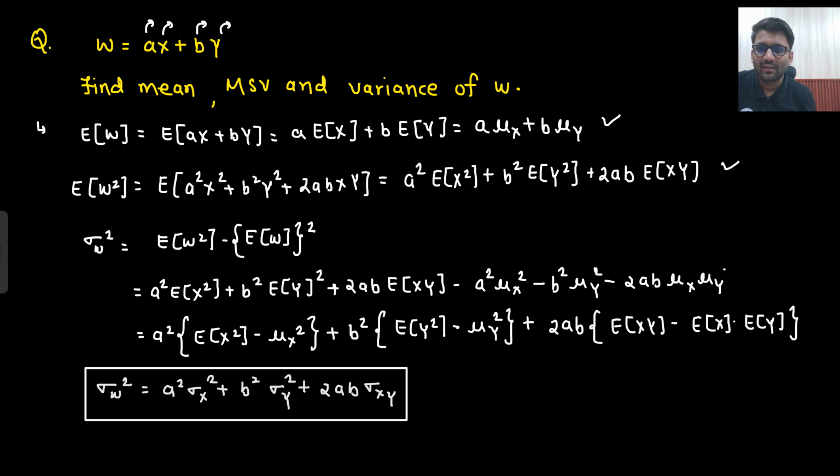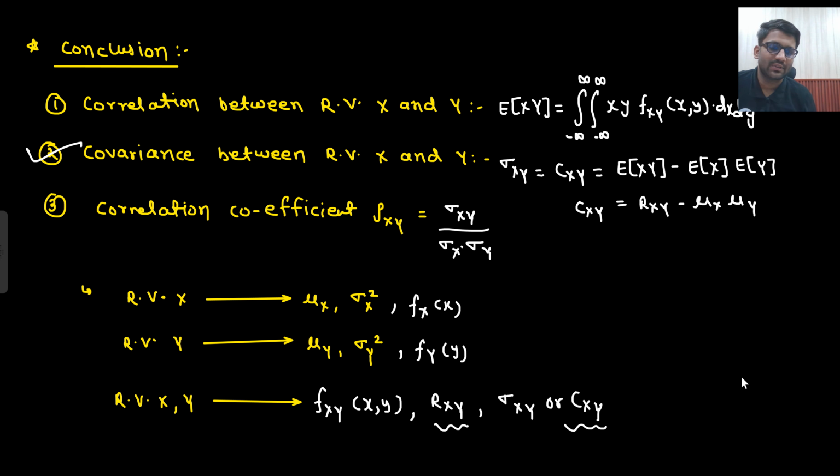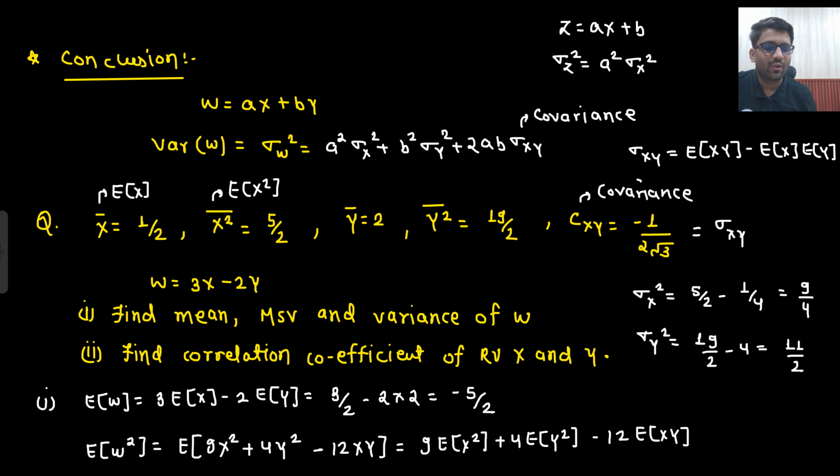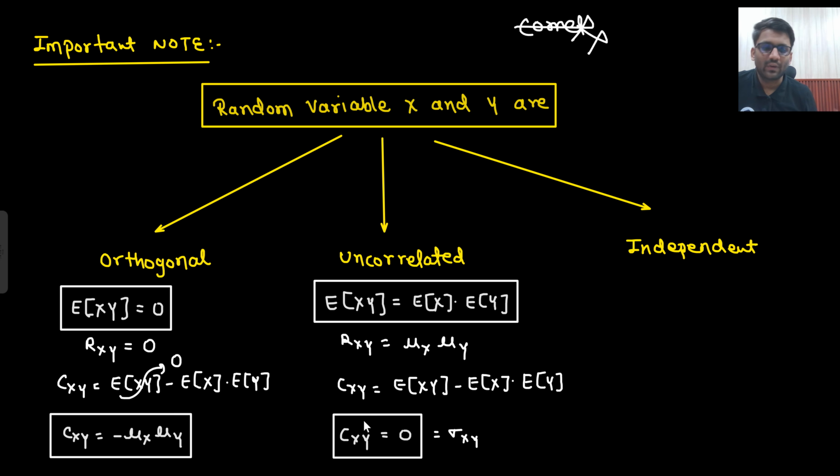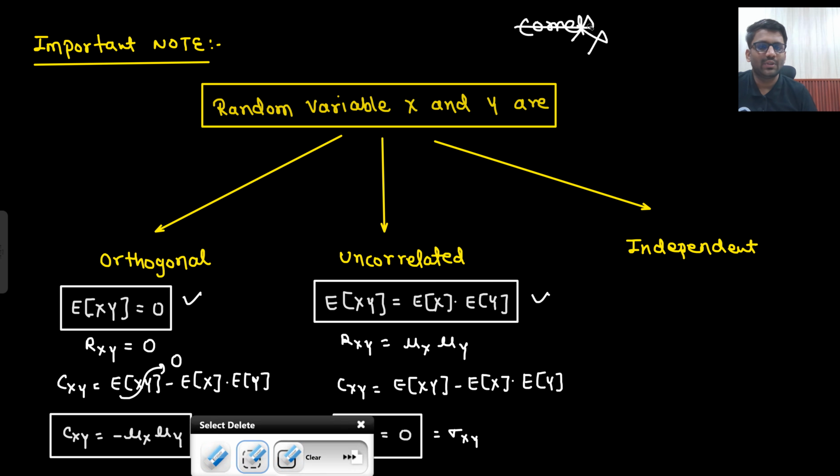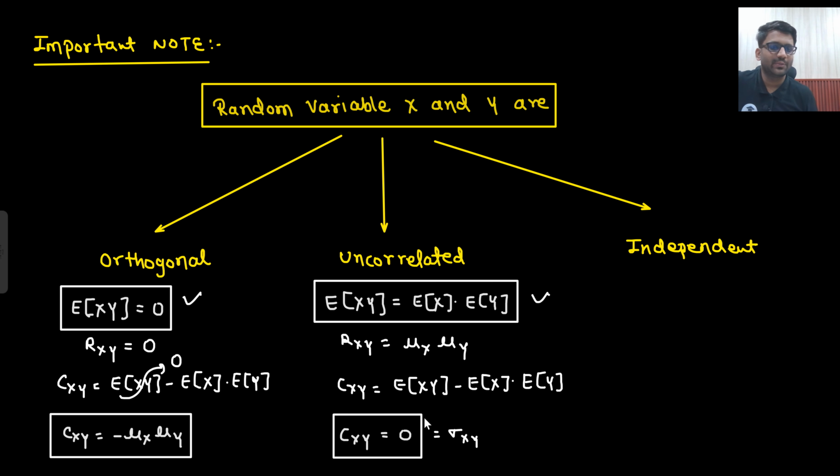So whatever we will be talking about, mostly we will be focused towards covariance. So don't remember anything, just remember this particular thing and this particular thing. Only these two things you need to remember. Are you able to understand this point? X and y are orthogonal, E of xy is equals to 0. X and y are uncorrelated, that means E of xy is equals to E of x dot E of y. X and y are independent.